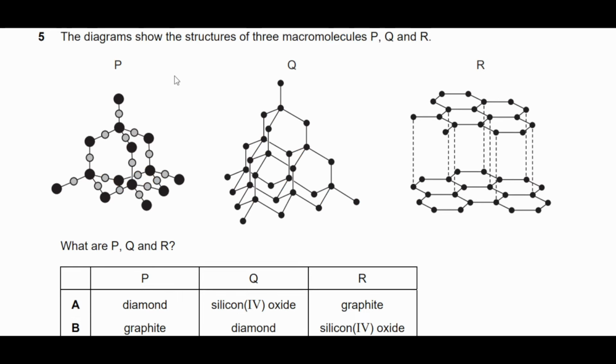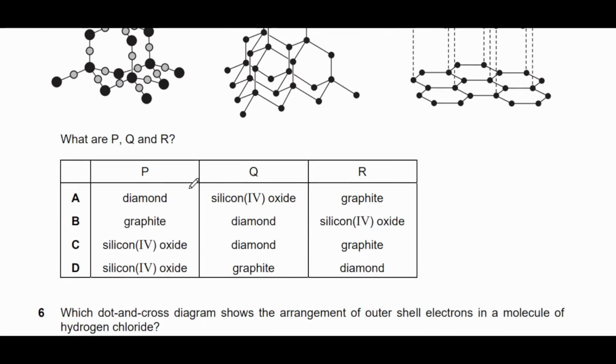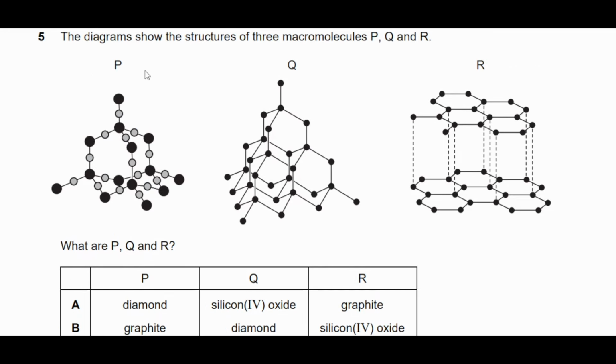The diagram shows the structure of 3 macromolecules, P, Q, and R. What are P, Q, and R? In the diagram, molecule P has two different elements, the black circle and the gray circle. But in Q and R, all of the atoms are the same, so it's one element.